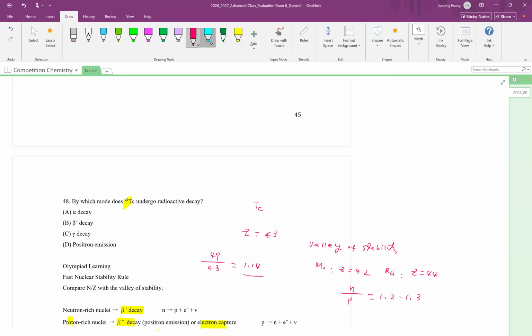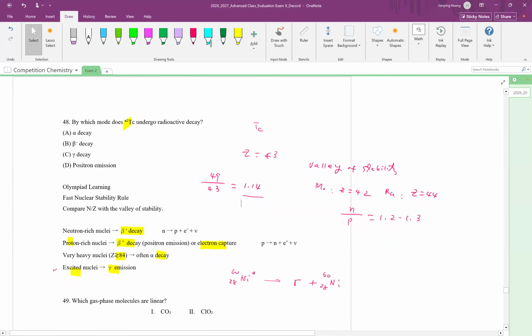This tells us it is proton rich, so we have positron emission. This is a really cool class, and I'm planning to do more.